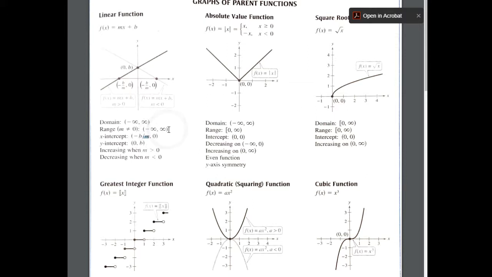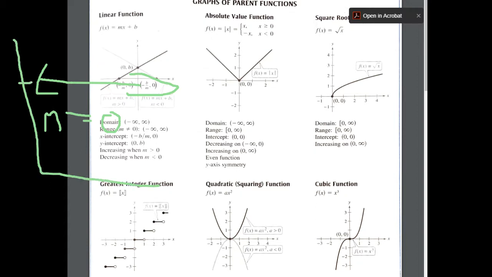For the range, the only occasion where the range has an issue is when the slope is 0, because that would be a horizontal line. I can draw that really quickly. If you have a horizontal line, m equals 0, then the range is only going to be that output for what that line is.